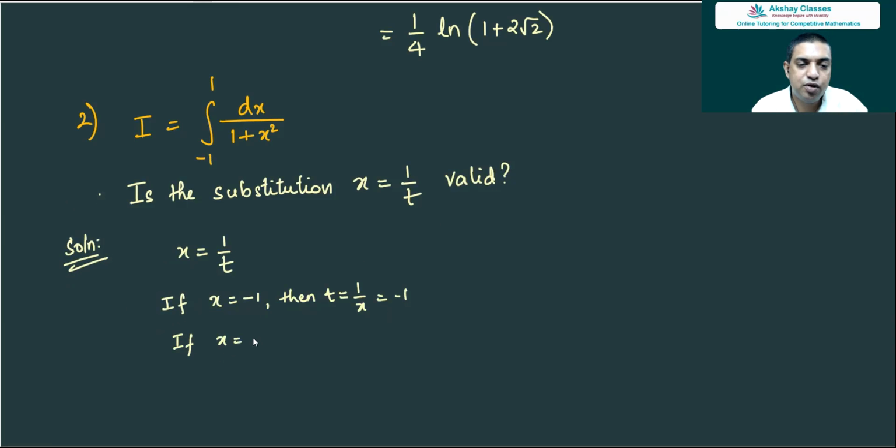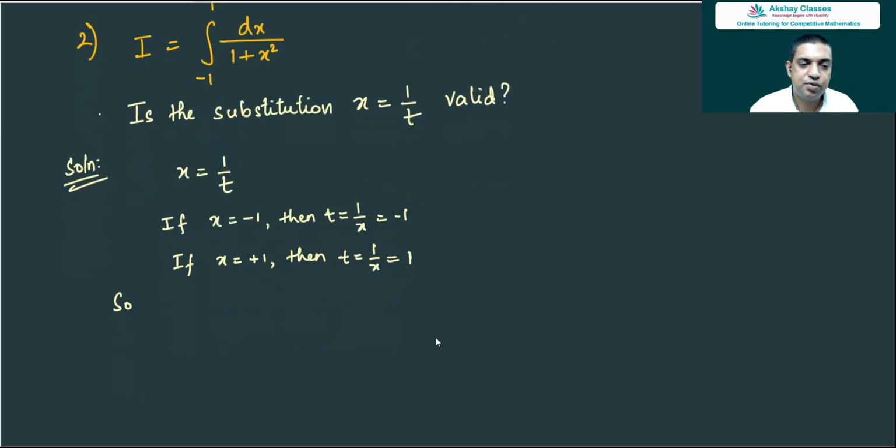If x equal to plus 1, then t is also equal to plus 1. Only thing is, you check this, and dx, what will be dx? Dx is minus 1 upon t square dt.